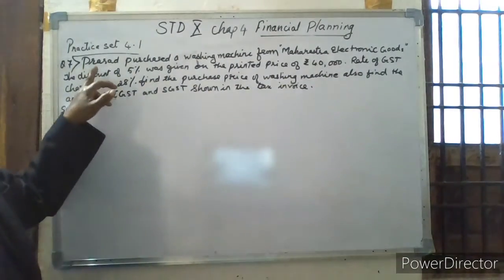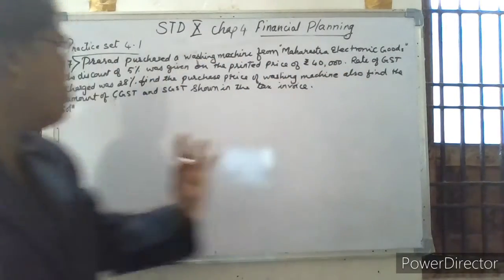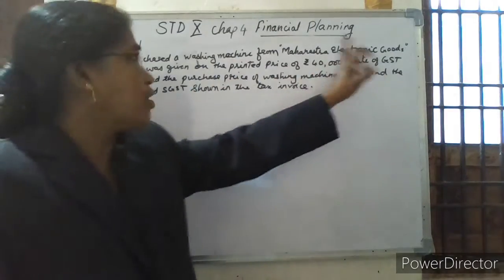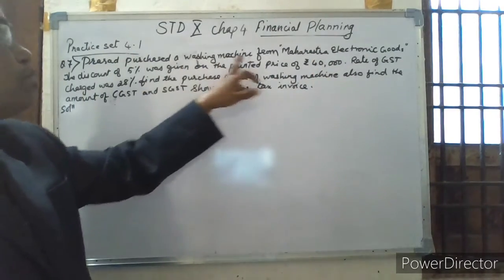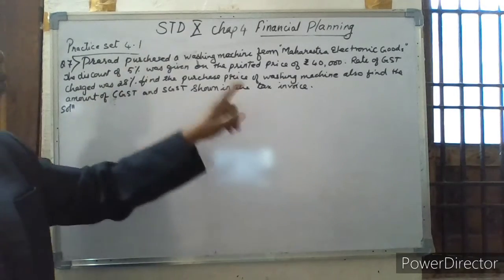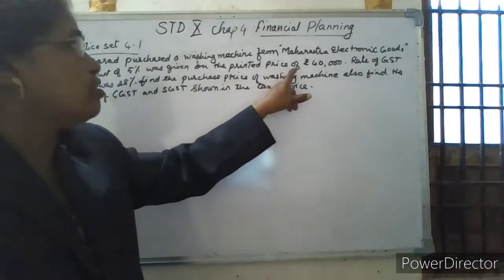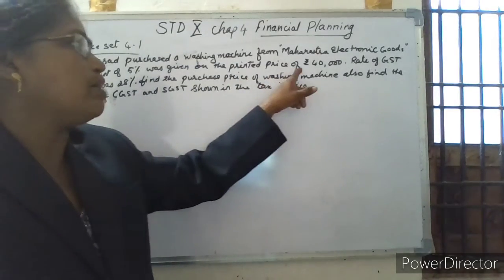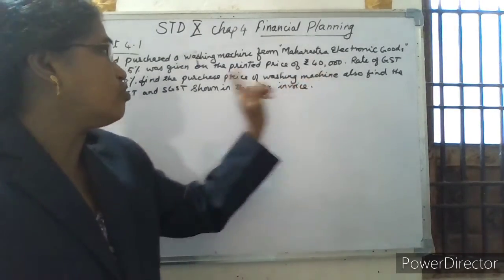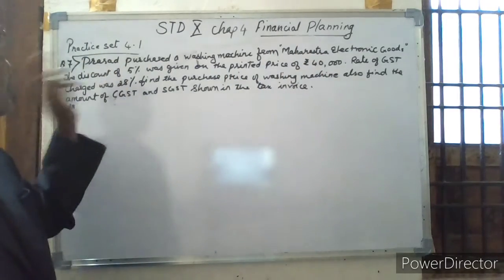Prasad purchased a washing machine from Maharashtra Electronic Goods. That is the name of the shop here. The shopkeeper gave a discount of 5% on the printed price of rupees 40,000. So this is the printed price of rupees 40,000. On this 5% discount was given.